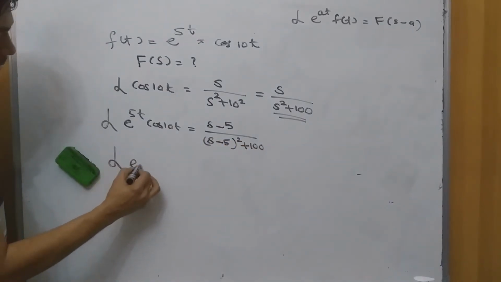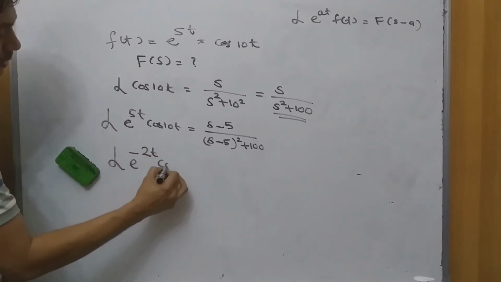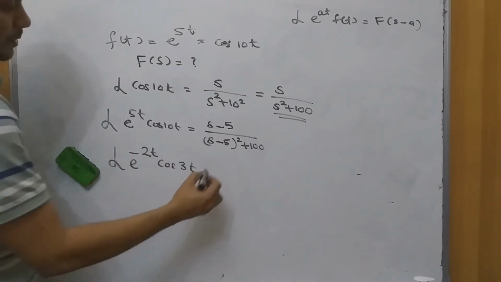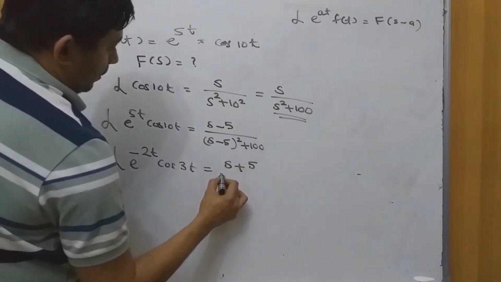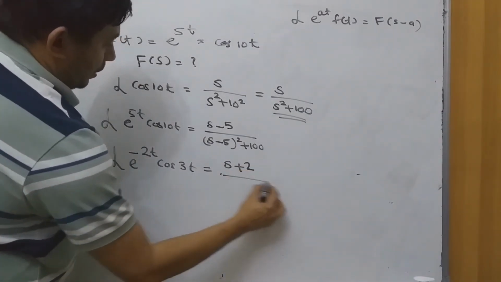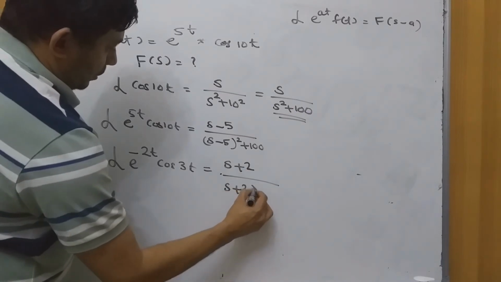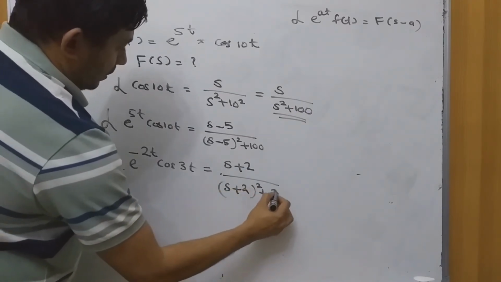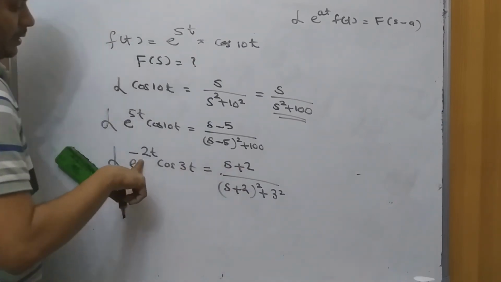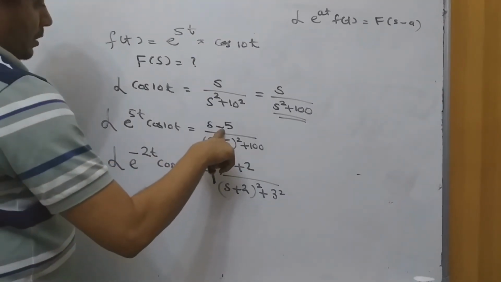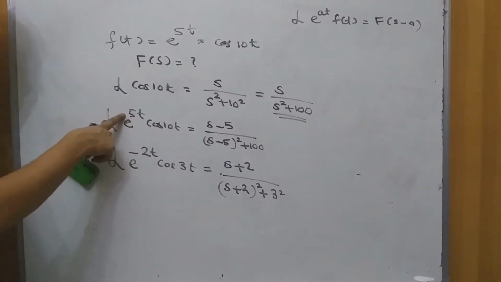Similarly, e raised to minus 2t cos 3t can be written as s plus 2 divided by s plus 2 the whole square plus 3 square. Here it is plus 2 because we are multiplying by e raised to minus 2t. Here it is minus 5 because we are multiplying by e raised to 5t.